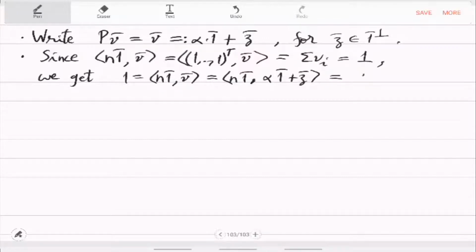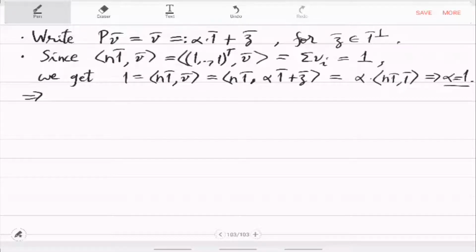So you get alpha times the inner product of 1 bar with 1 bar, which is 1, right? This means alpha is 1. So by the assumptions on V bar, what we have deduced is that alpha is actually 1. So V bar is 1 bar plus Z bar, where Z bar is orthogonal to 1 bar.